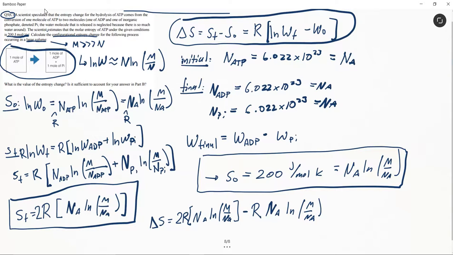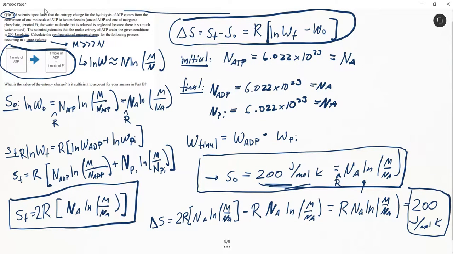When we simplify this, it gives us R Na ln(M over Na). One big thing I forgot, I keep forgetting the R, that's my bad. So if we look back here, R Na ln(M over Na) is actually equal to 200 joules per mole Kelvin. So our change in entropy is 200 joules per mole Kelvin.